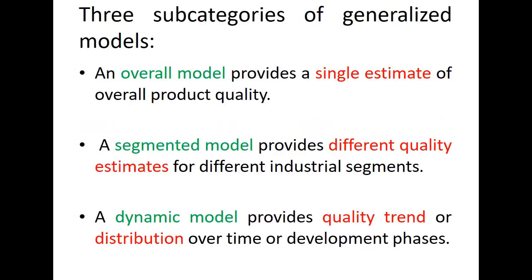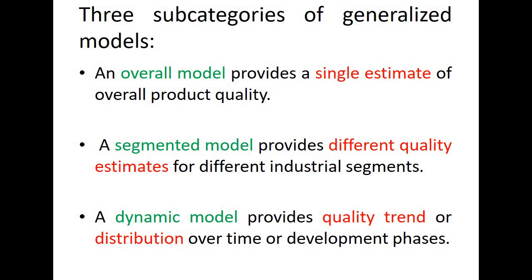To start with, we have your generalized quality evaluation model. In this we have three categories. The overall model provides a single estimate of overall product quality, so it's a very generic, very shallow kind of approach. We'll see all these models in detail in the coming slides.